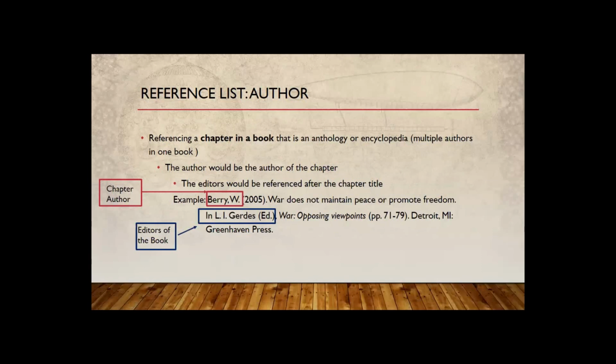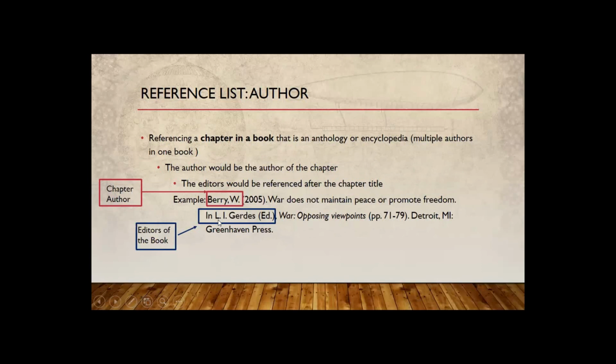So another quick tip, if you do have to do an editor, you would do capital E and D in parentheses, and EDS if there's more than one. Granted, if there's more than 2, it gets a little hazy because, as you can see here, it is completely different from when you do an author at the beginning of your reference list.